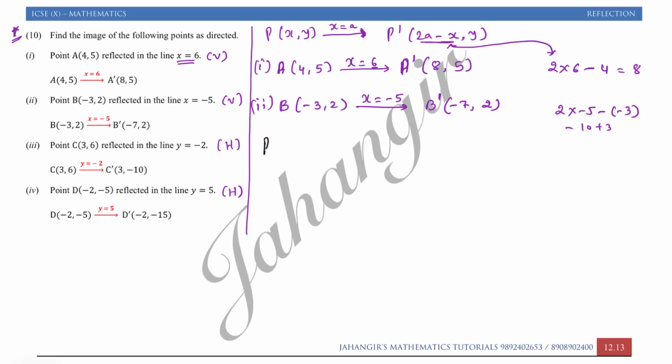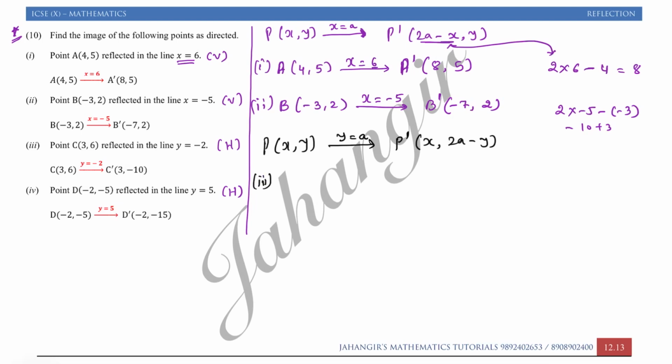Now next I will give you one more formula. When a point P (x, y) is reflected in any horizontal line, that is y equal to b, its image will become (x, 2b minus y). The x coordinate always remains the same and the y coordinate changes.